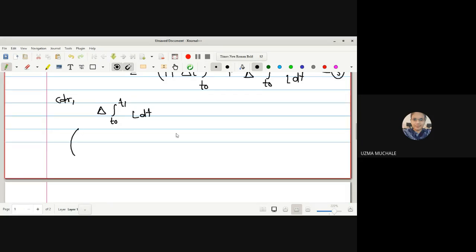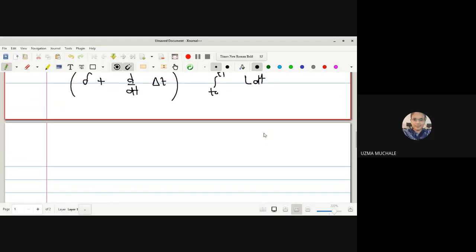Okay, what is the value of capital delta? We have found from the last lecture the relation between capital delta and small delta with the help of f. F is a function of qj, qj dot and t. With the help of that we have found this relation: integration t naught to t1 L dt.